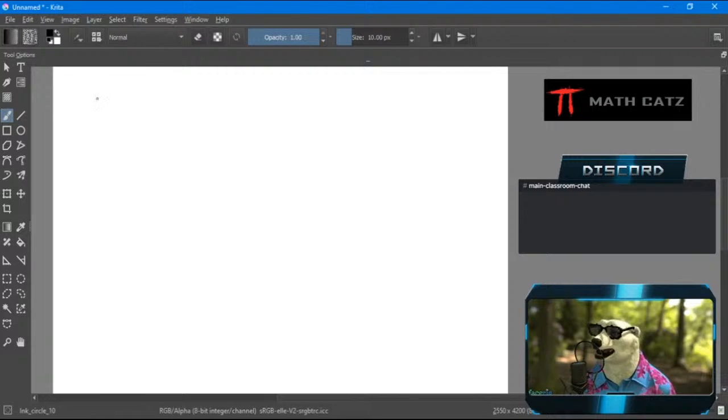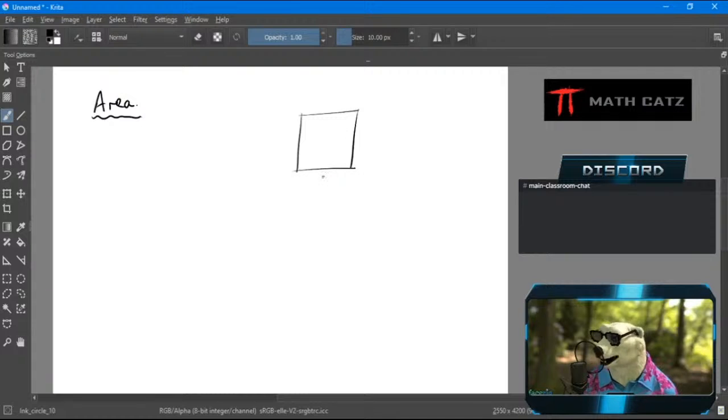Let's look at area. Now, what is fairly reasonable to want to have a tool for is, if you look at surveying land and things like that, it's always nice to have a nice straight line for your area. And then you can use basic geometric formulas to calculate the area.